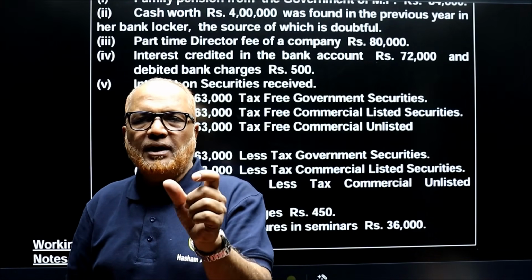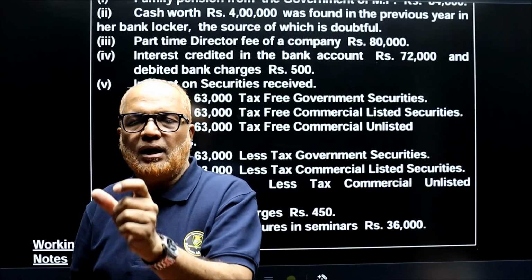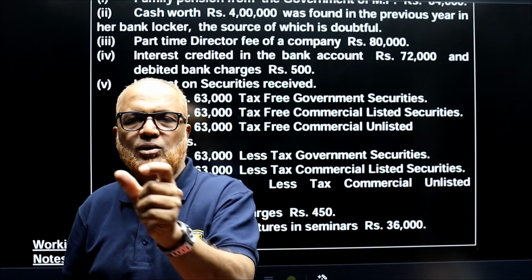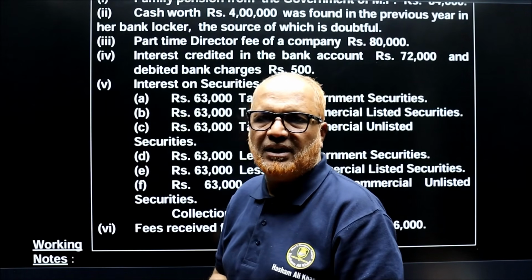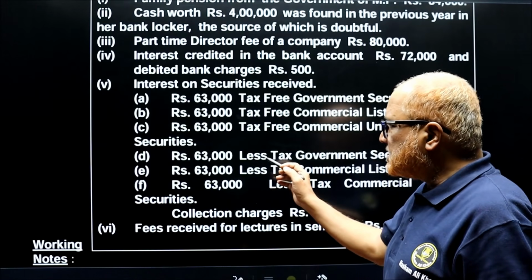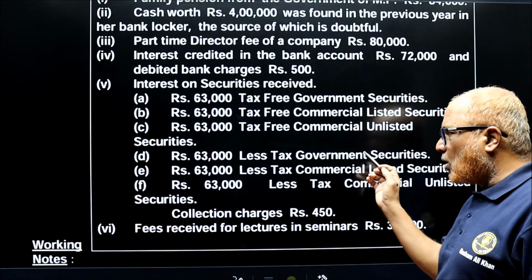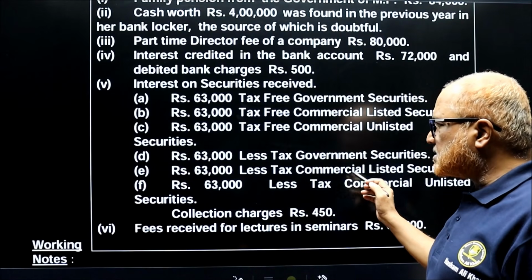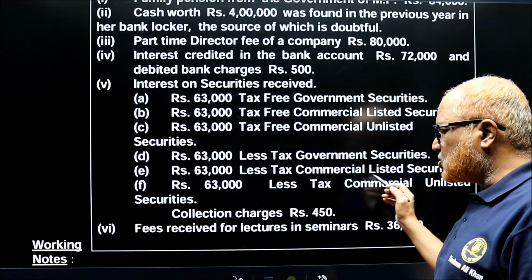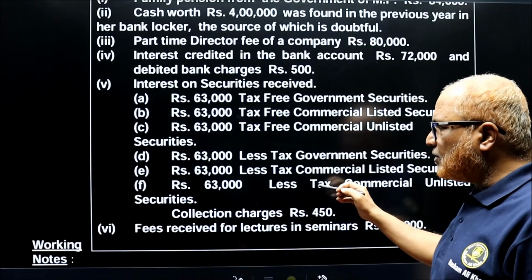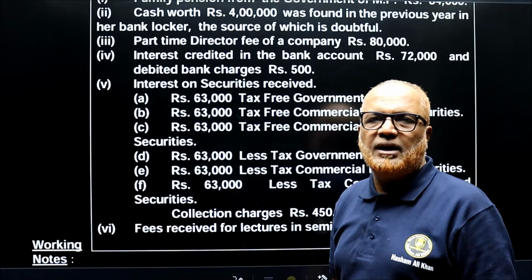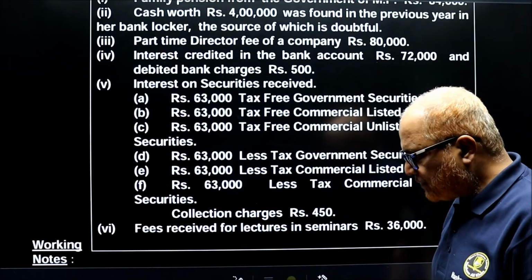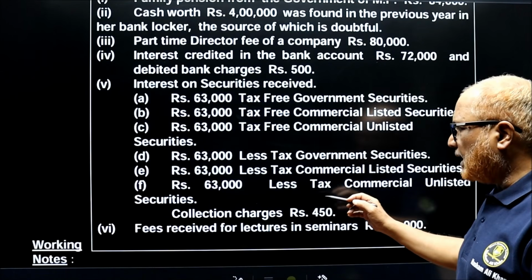How to gross up? Net interest received into 100 by 90. So 63,000 into 100 by 90, you'll get 70,000. So for less tax government securities, same amount, 63. Whereas for less tax commercial listed and less tax commercial unlisted, for both we have to multiply by 100 by 90, we'll get 70,000, right?